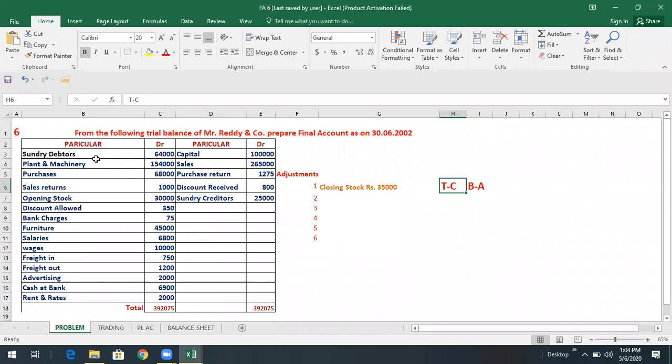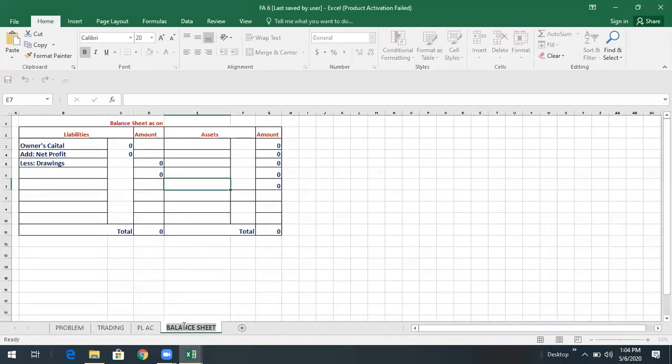The first particular is sundry debtors. In which account do we get the sundry debtors? As you know very well, sundry debtors we have in the balance sheet asset side.